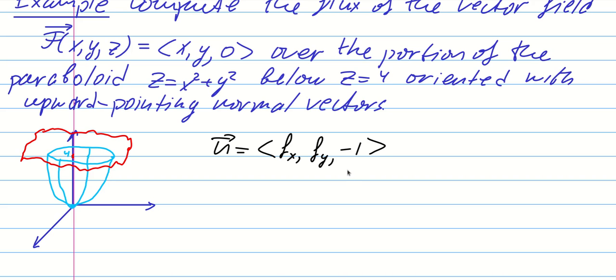But since we have two directions, we can use plus or minus. In our case, z equals f of x, y, so the partial with respect to x will be 2x, then 2y, and negative 1.